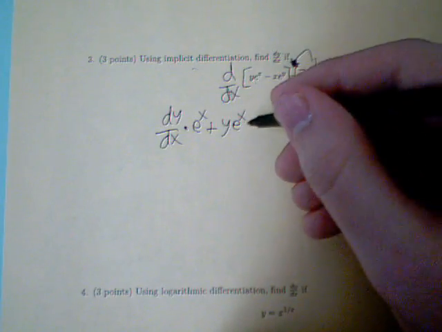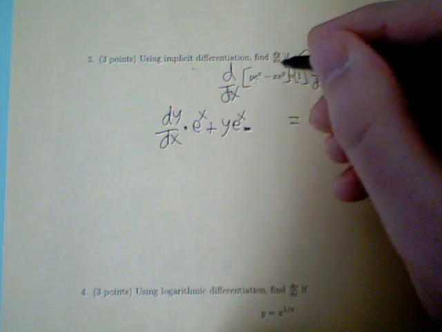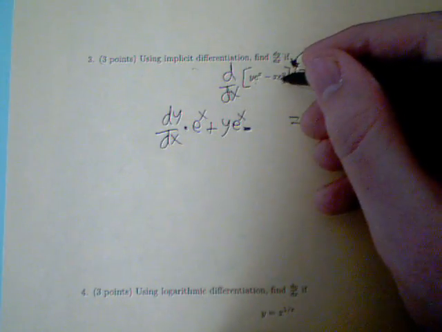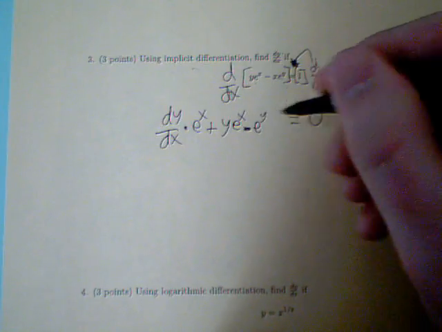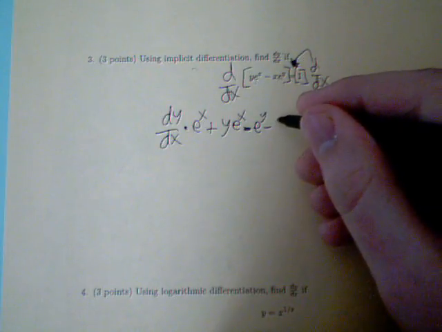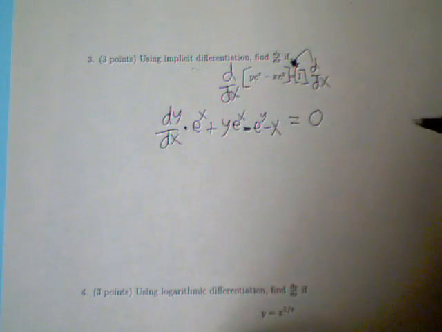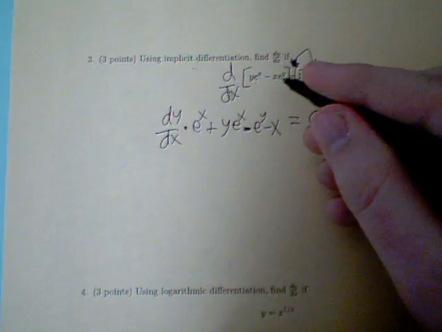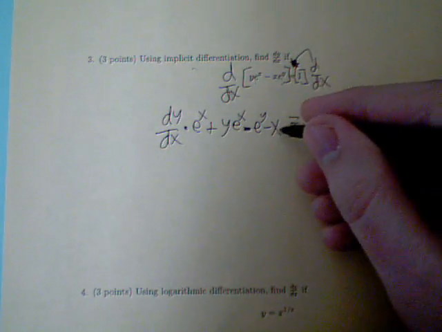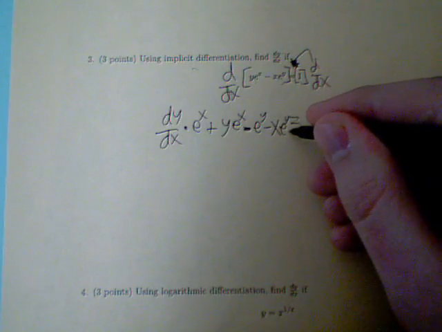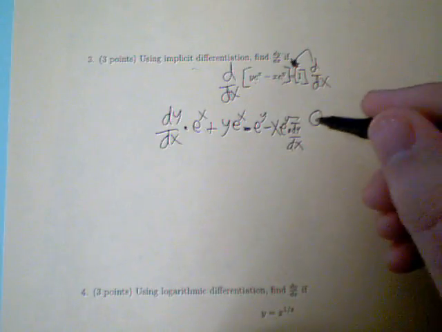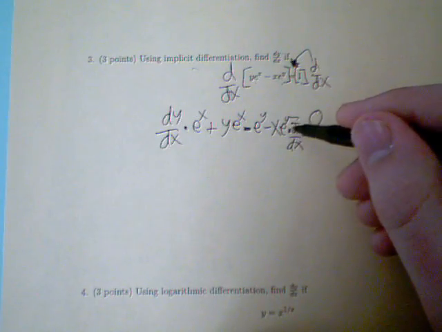Now we've got minus the derivative of the first guy, x, which is 1, times e to the y, and then minus x times the derivative of e to the y, which is e to the y times dy/dx. So you have to throw that dy/dx in there.